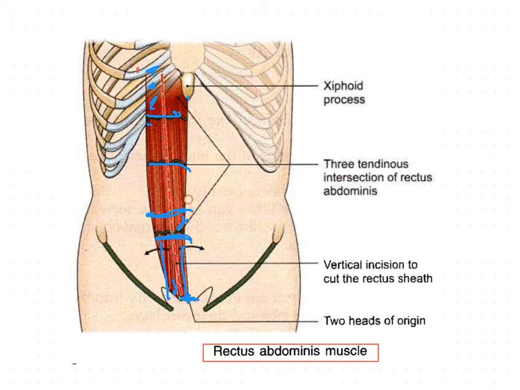One is at the level of the xiphoid process, another is near the umbilicus, and in between them you have another intersection. Below the umbilicus you can find another intersection, which normally represents the position of lumbar or abdominal ribs.